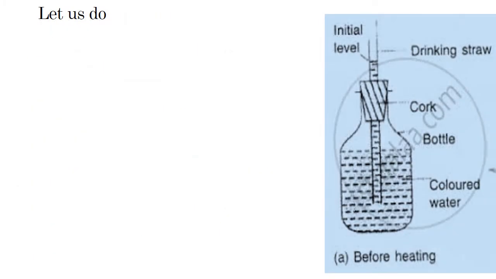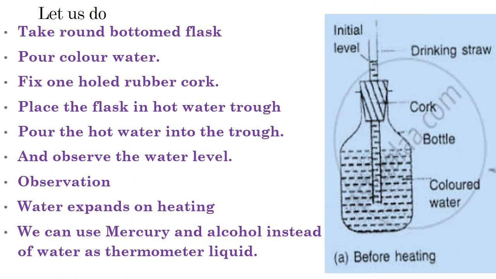Okay, let us do a small activity. Here we'll take a round bottomed flask, which is filled with colored water, and a one hole rubber cork is fixed, and you can take a straw.